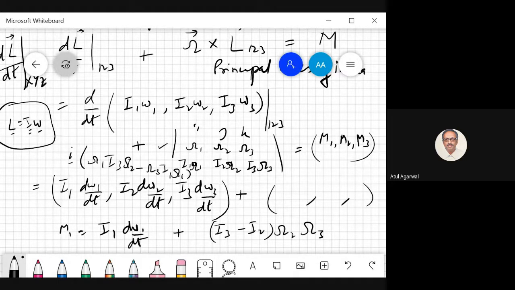Omega 1 you take out, then it becomes I3 omega 2. You just have to check it out. Any questions?